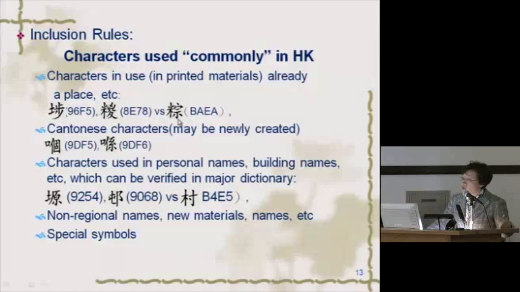And for this character, this is supposedly the way many people write, but in Hong Kong, this is a very popular kind of glyph that people like to use. And so, because they are already being published or being used either in the newspaper or in some art form, they are being included. The Cantonese characters like this obviously are Cantonese unique, so they can be included.